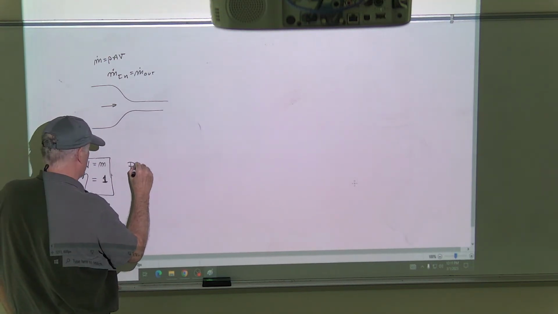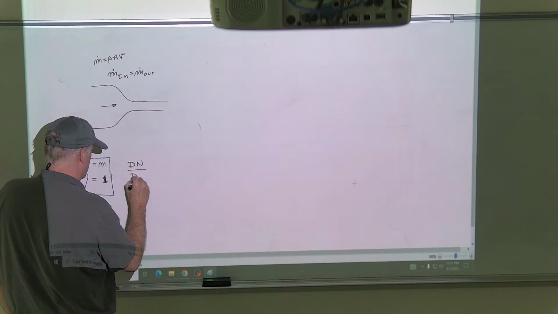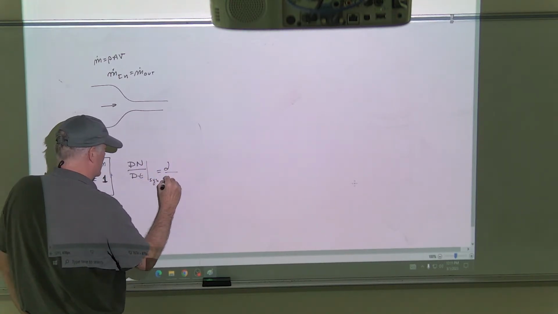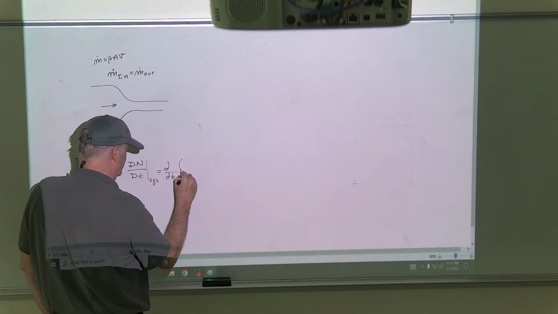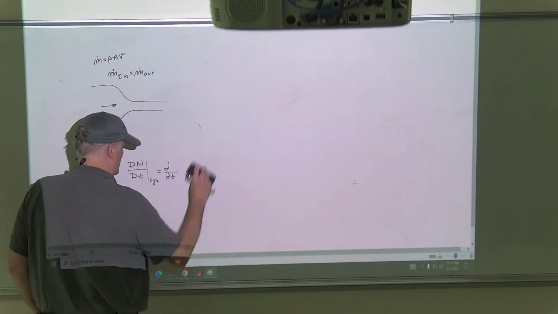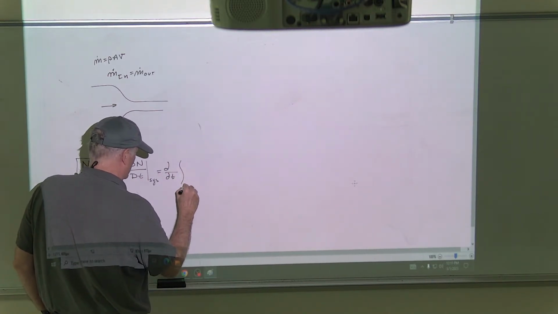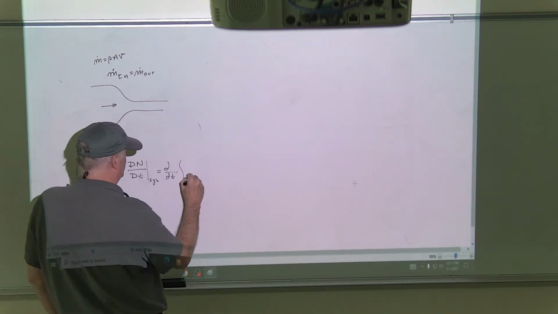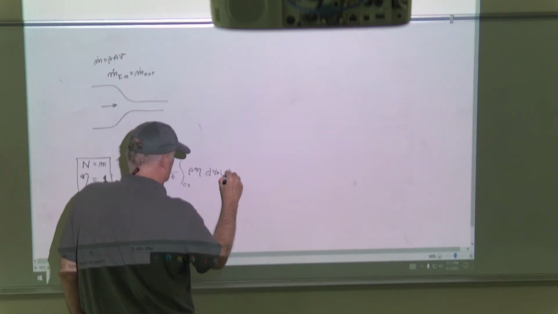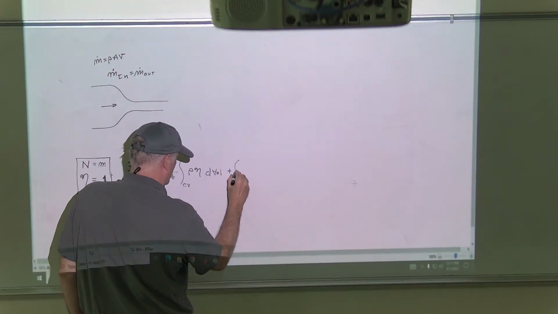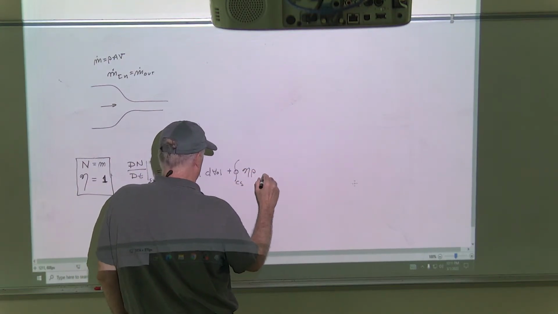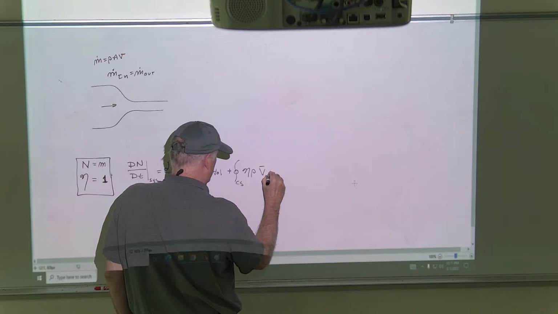So I'm going to use the other notation with the capital D, capital T, for a system is equal to this integral throughout the entire control volume, rho d volume, plus the integral over the control surface of rho V dot dA.